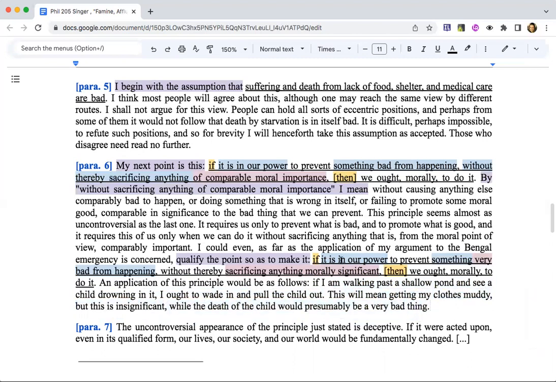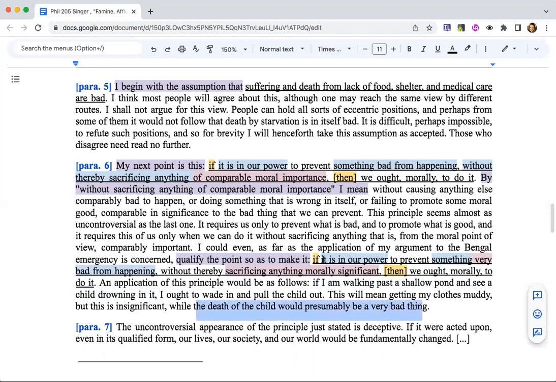So we could go further in spelling out how the principle is applied here, how this is an application. Let's start with, is something very bad about to happen? Yes, a child drowning is a very bad thing. The death of the child would be a very bad thing, okay?